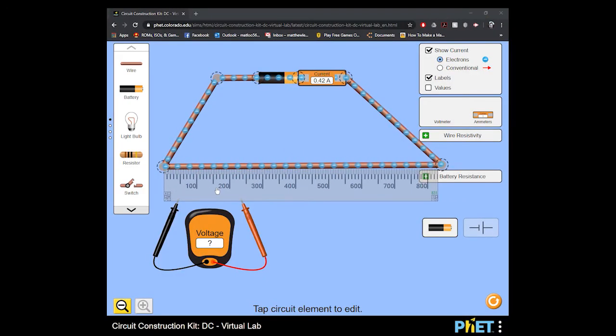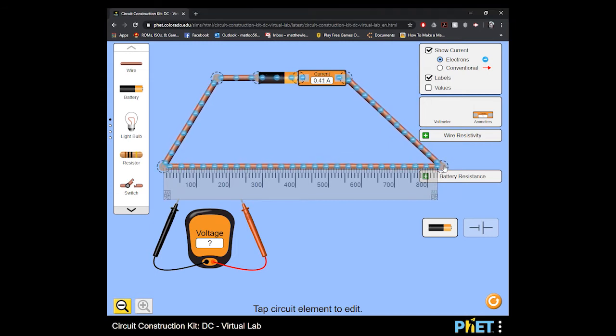Okay, let's go back to our PhET animation. What we're going to do is line up our ruler so the 0 is on this node and our wire runs perfectly alongside it. There are two options here. Option 1 is to take your voltmeter, leave the black one on the joint at 0 and place the red one at the different lengths like so.